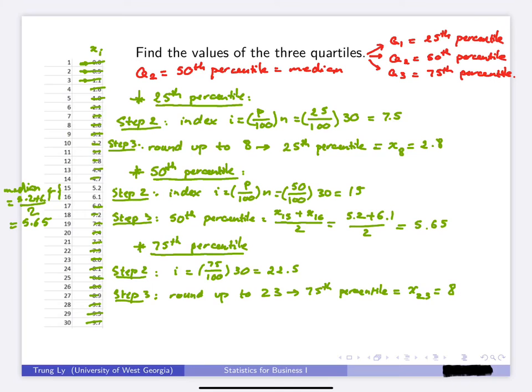The 50th percentile here, which is the median, is also equal to 5.65. So we're good there. In the real world, if you want to find the median using the brute force way, that's fine. If you want to follow the procedure we did here, that's fine as well.